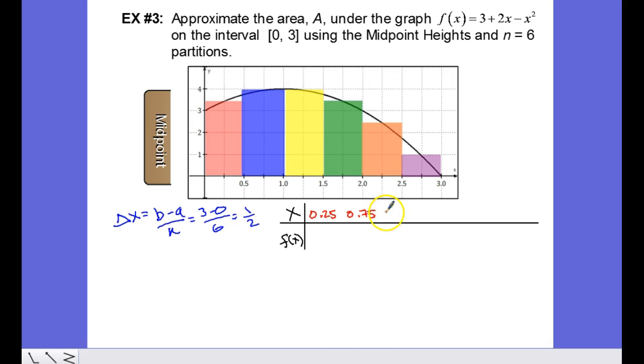And so we're going to be increasing by 0.5 each time: 1.25, 1.75, 2.25, and then finally 2.75. So those are the x values that correspond to the midpoints of the rectangles.